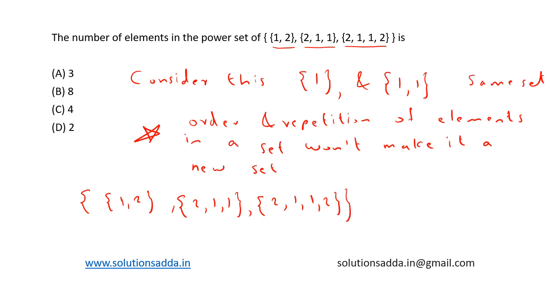These are all the same. So the total number of elements in A is only 1. The number of elements in the power set is 2 to the power of n, where n represents the number of elements. Here n is equal to 1. So we have 2 to the power 1, which is equal to 2. So the correct answer is option D, 2.